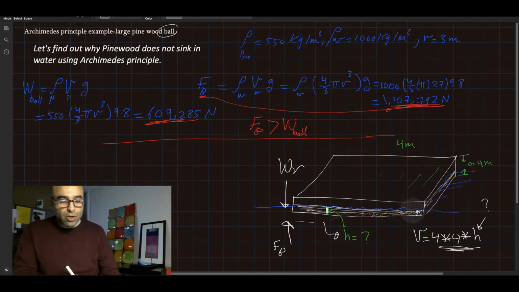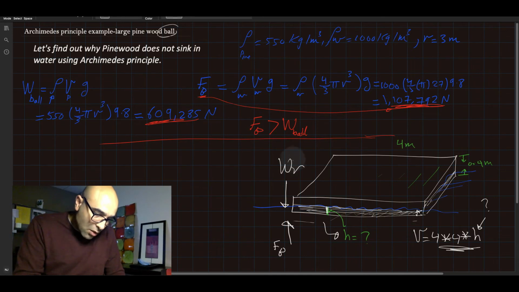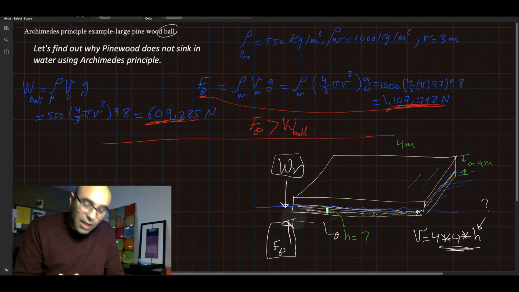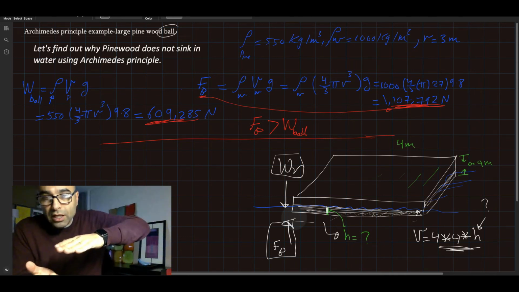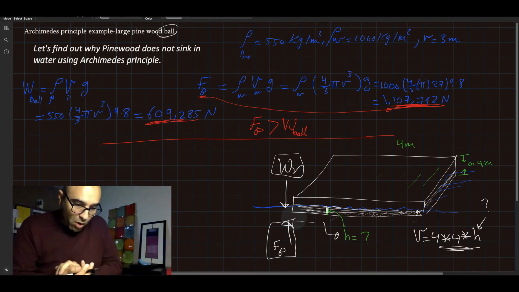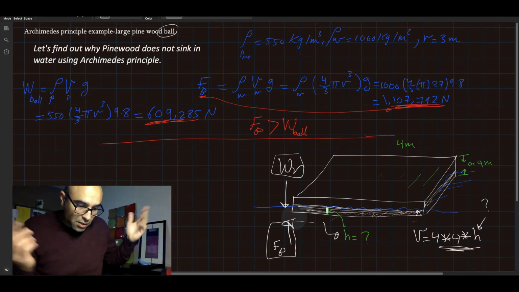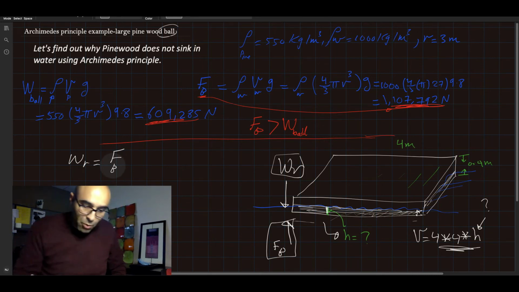Well, how do we go about doing that? If we notice that the weight of the raft and the buoyant force are at equilibrium, because the raft is not sinking and the buoyant force is not pushing the raft out of the water, there's no acceleration here. So we know the principle that the weight of the raft must be equal to the buoyant force.